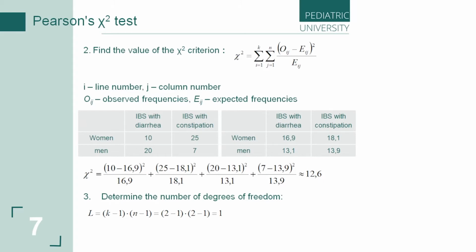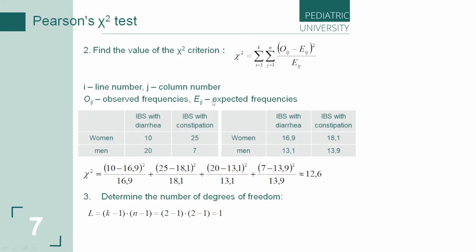In this formula, what is O? O, students, is the observed frequencies. The first letter, observed. It's not expected, it's observed frequencies. And in the formula, minus E_ij. What is E? E is the expected frequencies.